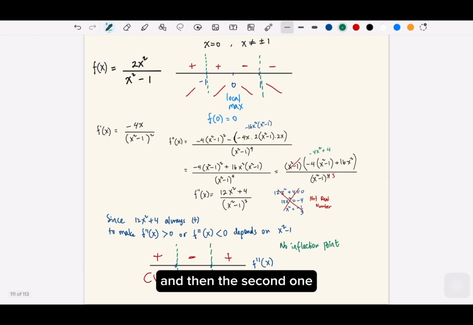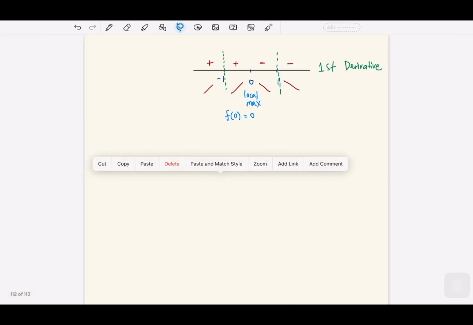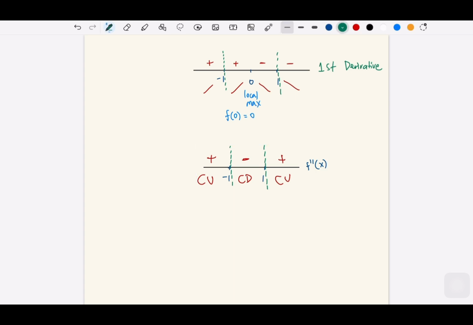And then the second one, this is the second derivative.